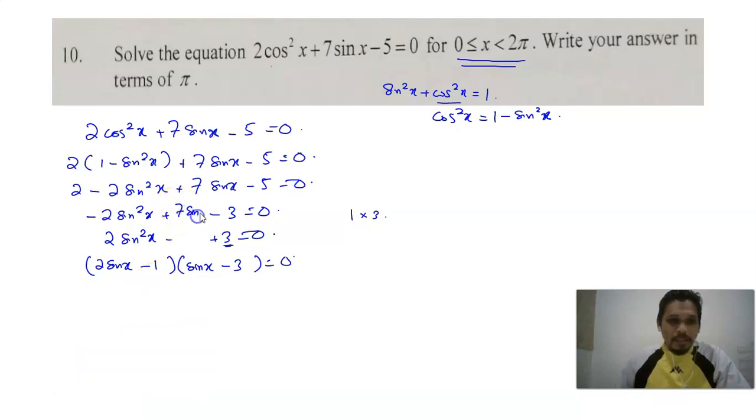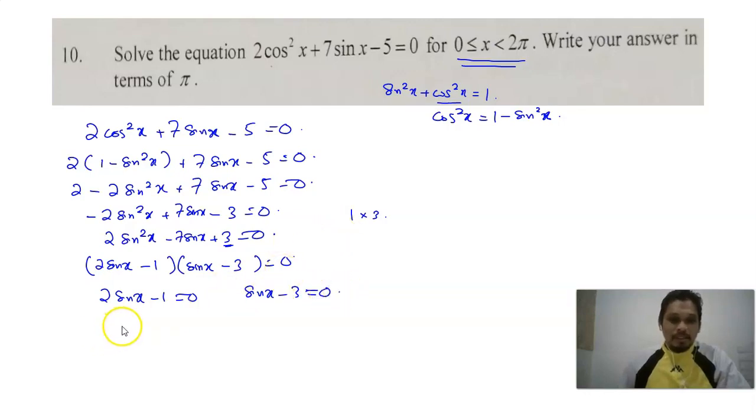7 sine x, and also 7 sine x. So negative 1 times negative 3 equal to 3. So now 2 sine x minus 1 equal to 0, then sine x minus 3 equal to 0.